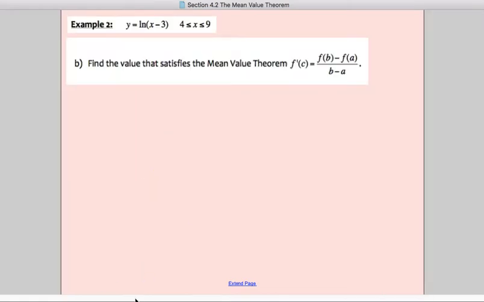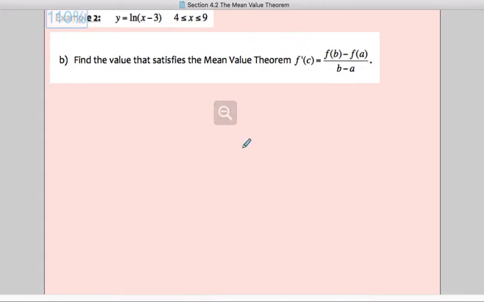So now we're actually going to find the value that satisfies the mean value theorem. For f of b minus f of a, all over b minus a. So what we're going to do is we have our derivative. Sorry, I don't know why that changed. Okay, we have our derivative. We just took it on the other side.